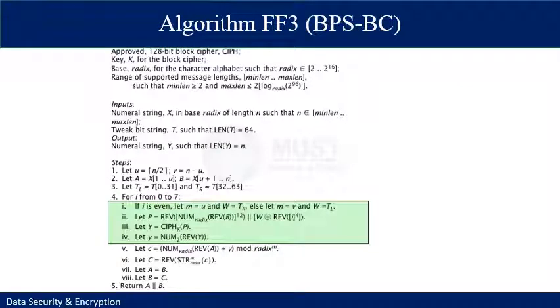The algorithm FF3 was submitted to NIST as a proposed FPE mode with the name BPS-BC. The encryption algorithm is illustrated here. The shaded line again corresponds to the function F. The algorithm has similar parameters to the algorithm FF1.